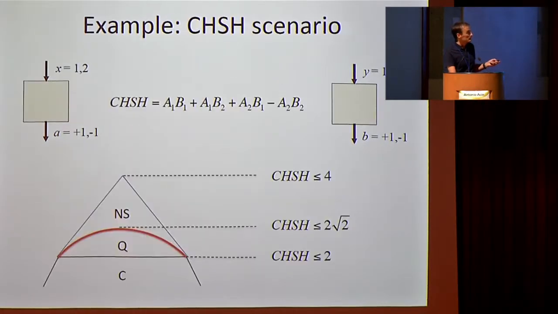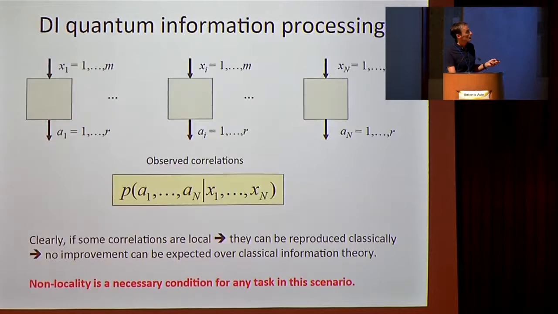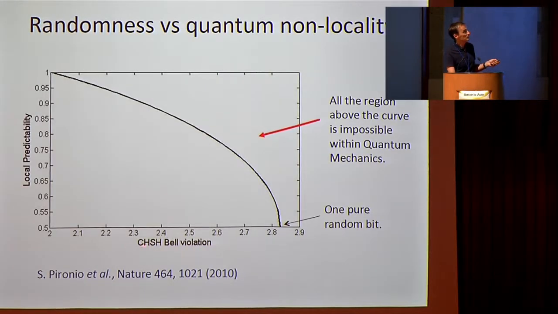And in fact, this is what we did some years ago. You can relate the amount of Bell violation with the randomness in the box. This is a technical part, and for that, we use the techniques I was telling you about bounding quantum correlations. So this is the region. Remember, the CHSH was bounded by 2, and this is the predictability of your outputs.